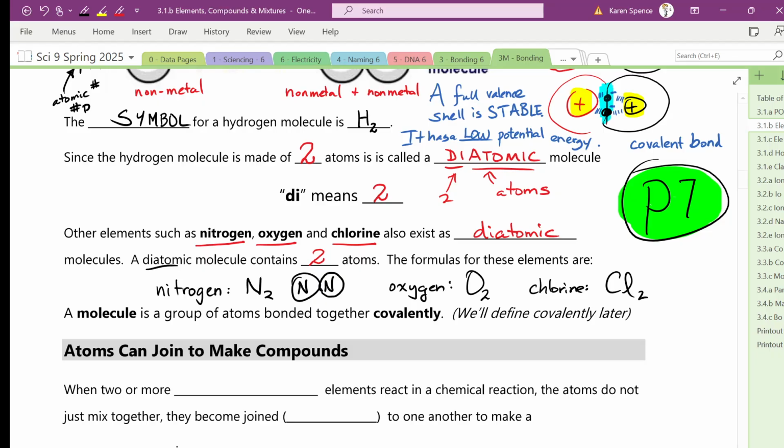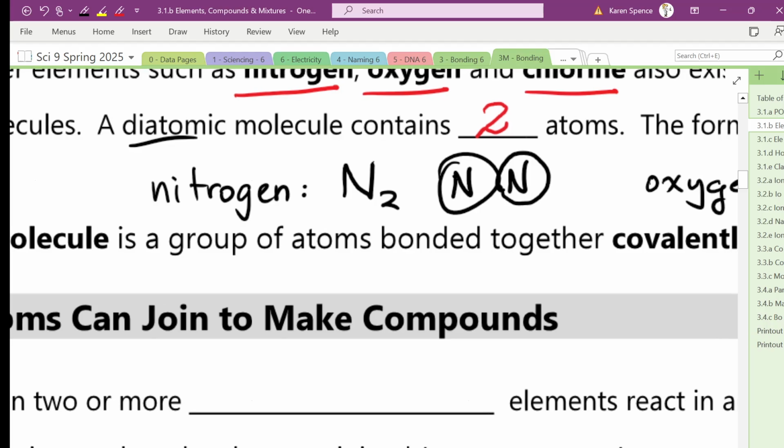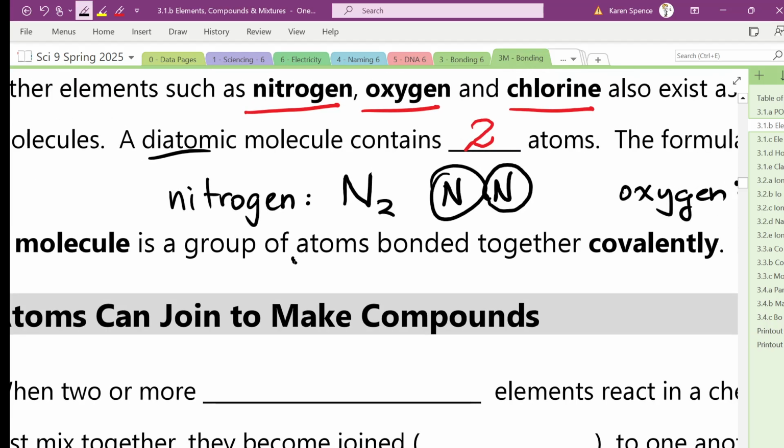So a molecule, and here is a new word. A molecule is a group of atoms, but not just any atoms. What type of atoms? Non-metal atoms.